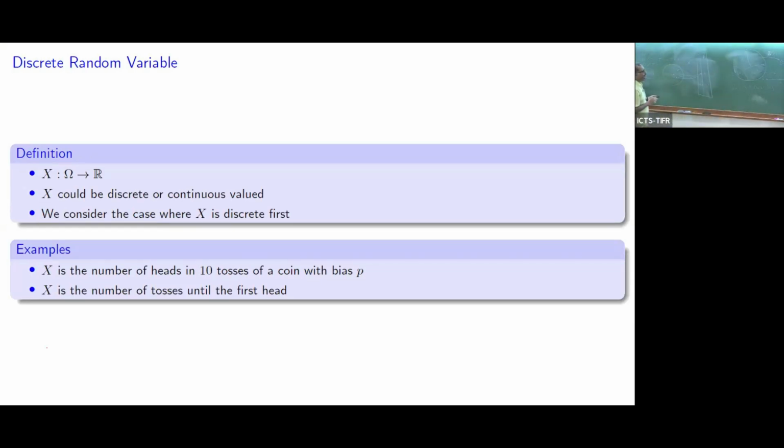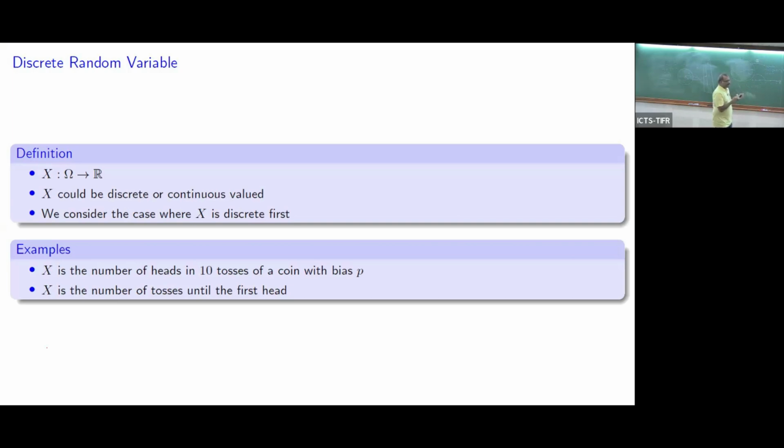When you are thinking about modeling problems, like modeling this measurement noise, we are actually dealing with numbers. So there we can think about these numbers as values that you get to see from a random variable.